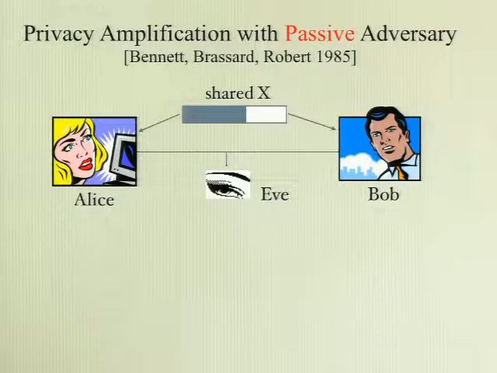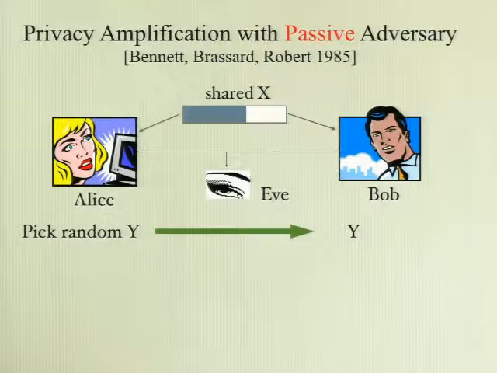Given the previous strong extractor, here is a protocol for the privacy amplification problem, where the adversary is assumed to be passive. By passive, I mean that the adversary is only allowed to watch the messages transmitted between the two parties, but she is not allowed to change the messages in any way.